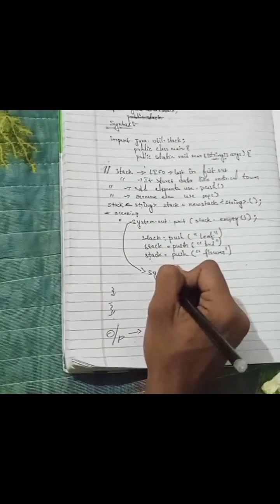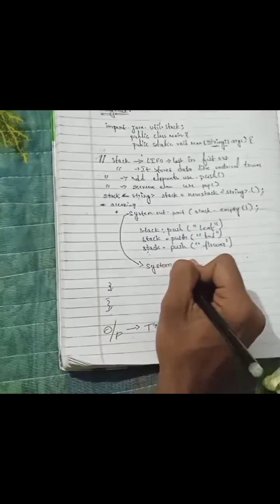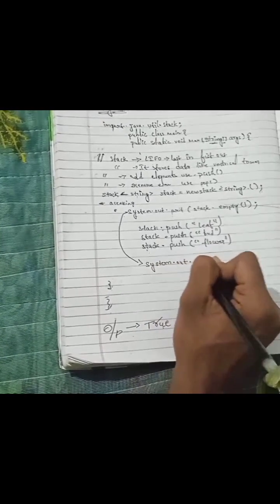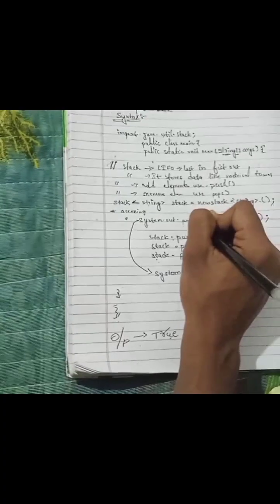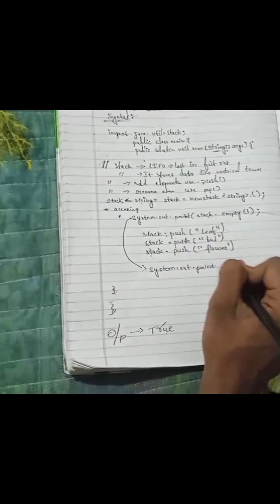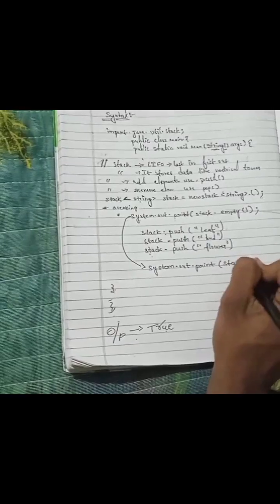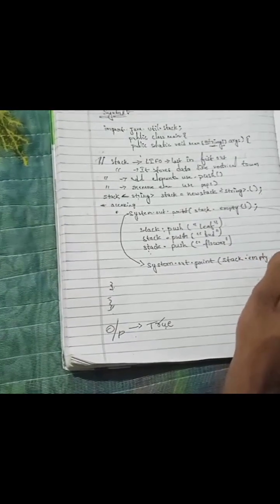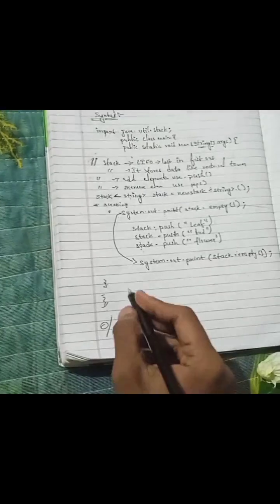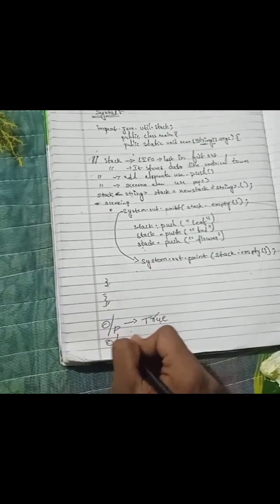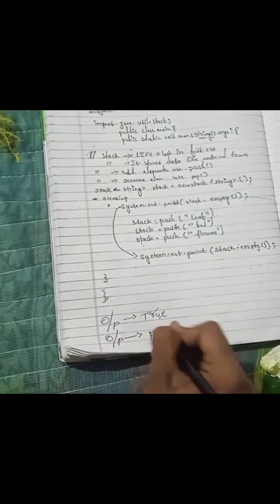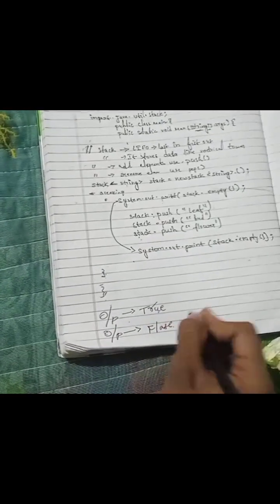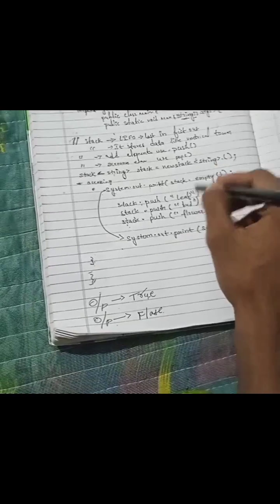I mean System.out.print stack.empty. It prints the output as false, because the elements leaf, bird, and flower are already contained in the string.